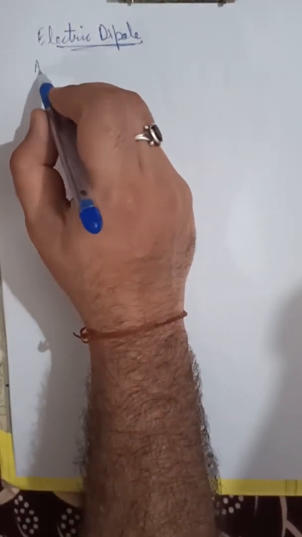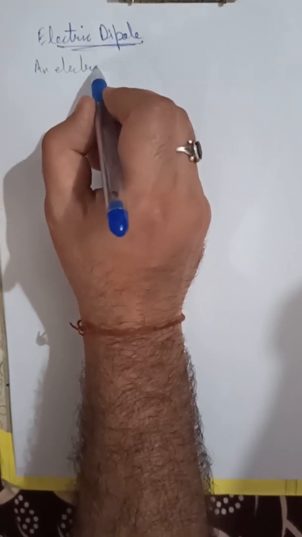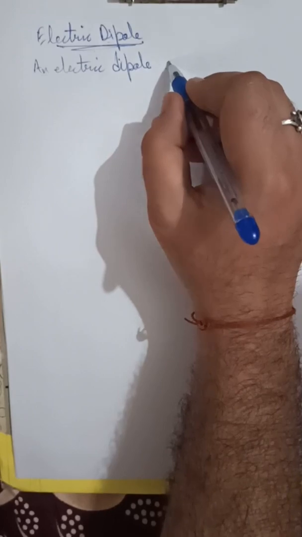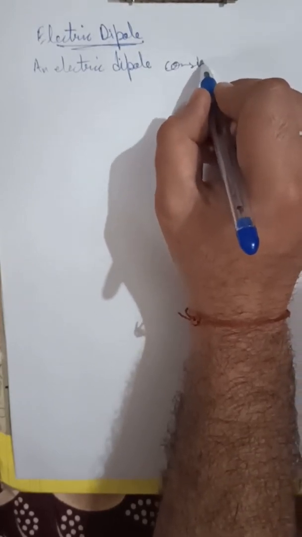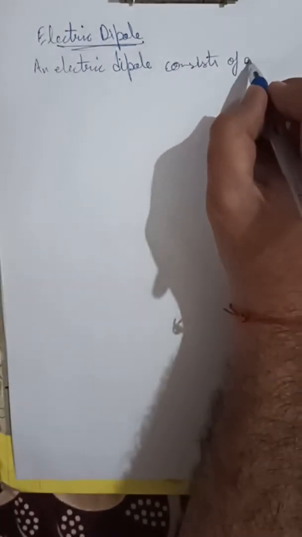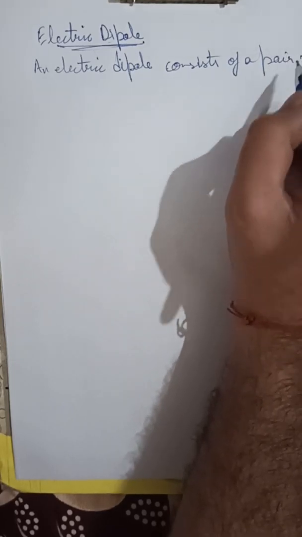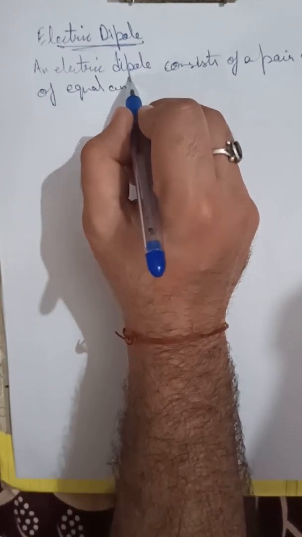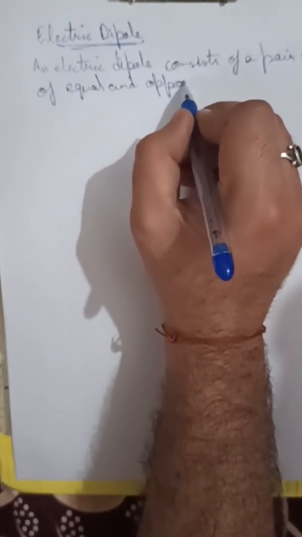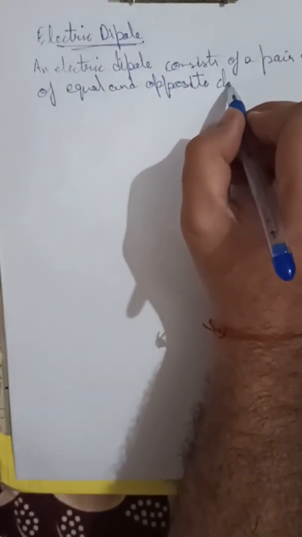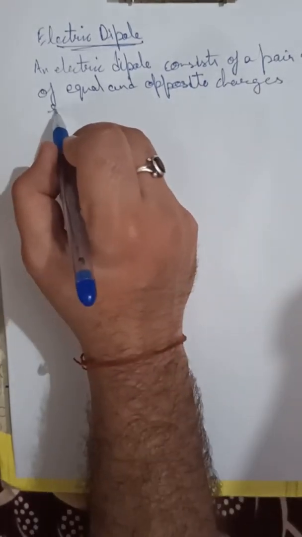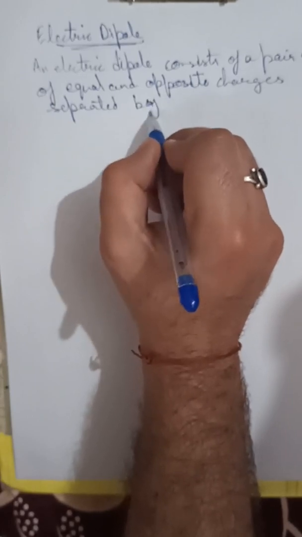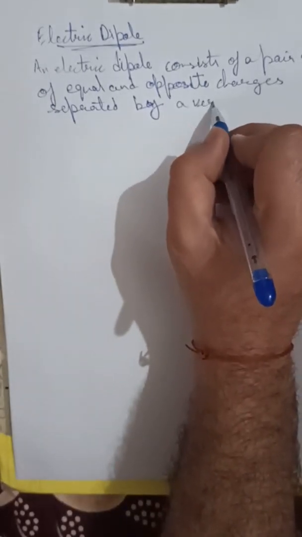So an electric dipole consists of a pair of equal and opposite charges separated by a very small distance.